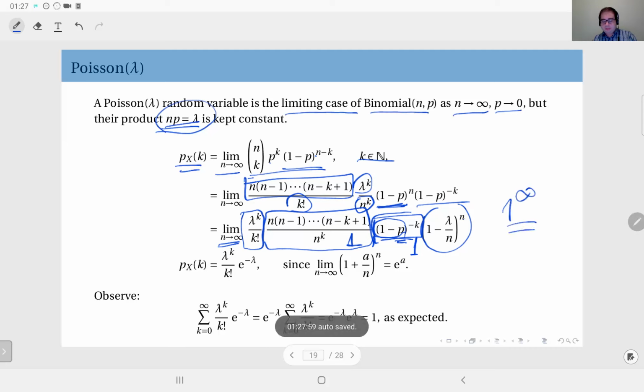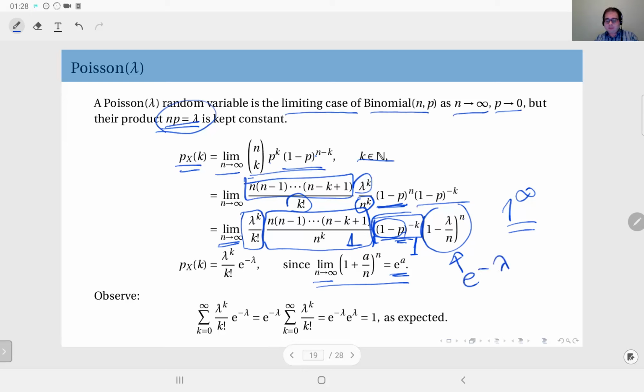But we know that, in general, for a real number a, 1 plus a divided by n to the power n as n goes to infinity is e to the power a. This is a well-known fact. You can find this from calculus books or online entries. It's not that difficult to show, but of course I'm not going to spend any time on this. But this helps us to obtain the limit of this as e to the power minus lambda.